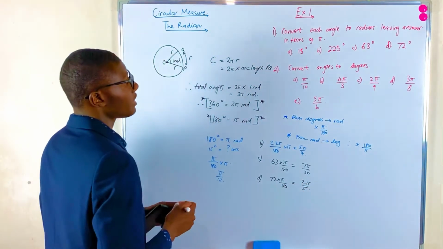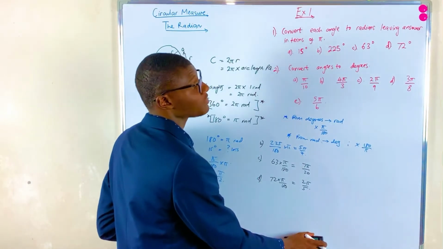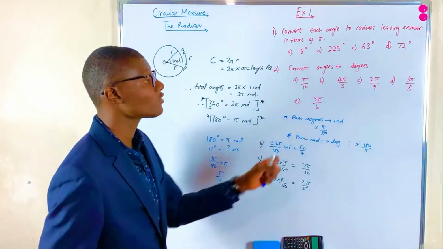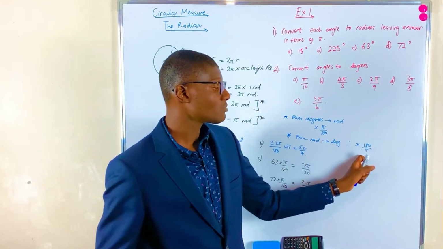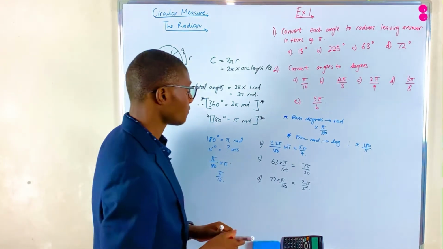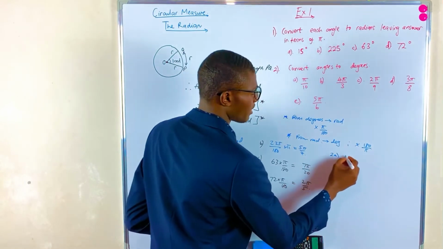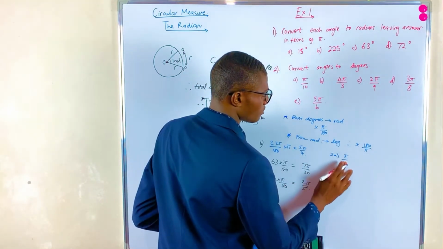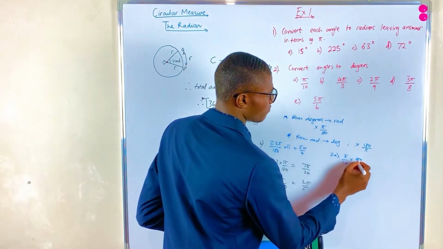And then for number 2, we need to convert angles that are in radians to degrees. And we say from radians to degrees, you multiply by 180 over pi. So for 2a, we're saying pi over 10 times 180 over pi.